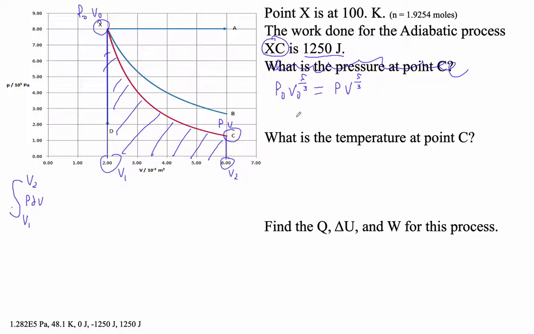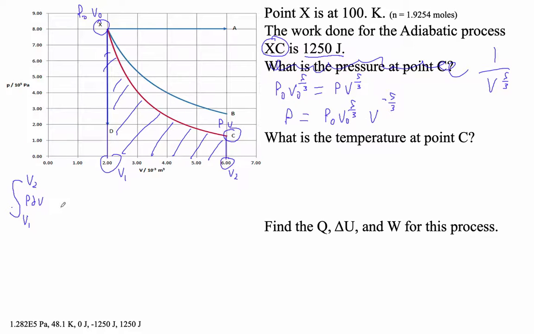So therefore, my pressure at any given time is P naught V naught to the 5/3, right? Times whatever volume you're at to the negative 5/3. All I've done is I've divided by V to the 5/3, right? V to the negative 5/3 is the same as 1 over V to the 5/3, right? Okay, but I'm just writing it like that because we want to apply a simple integration rule, okay?